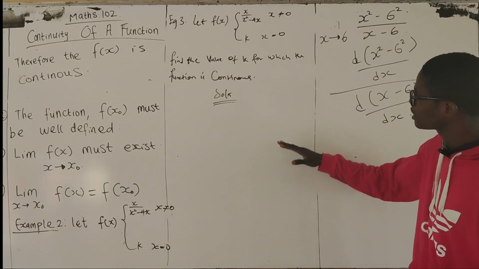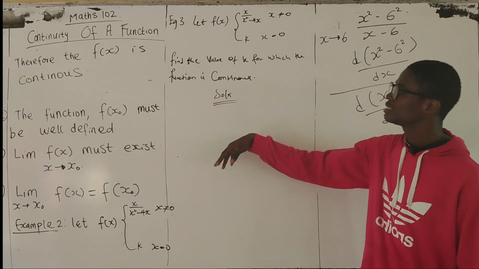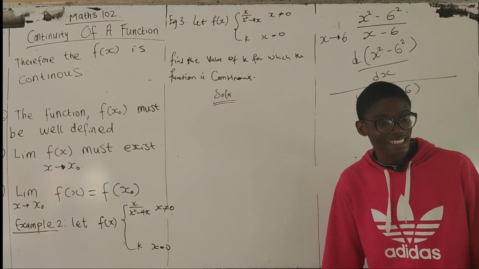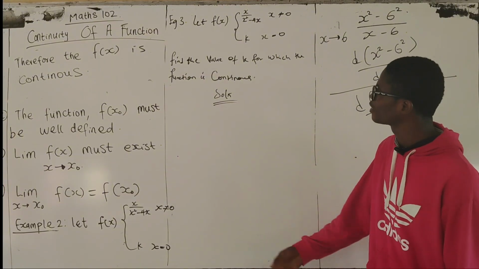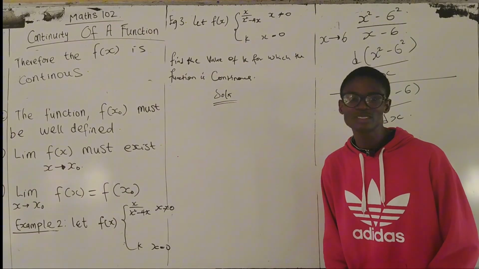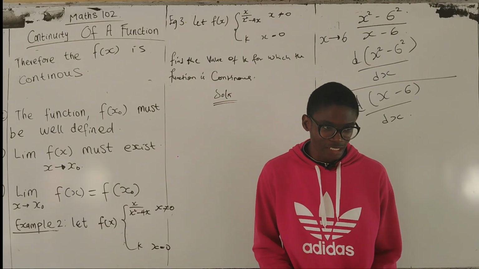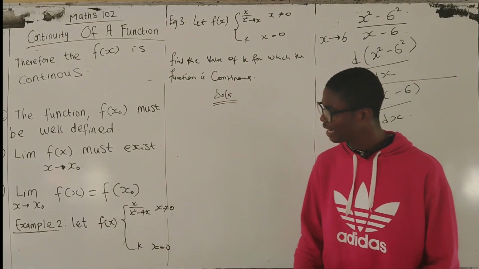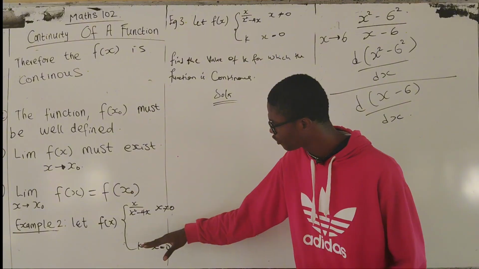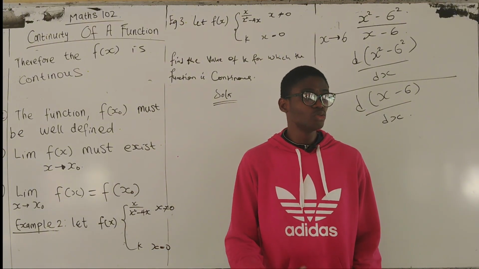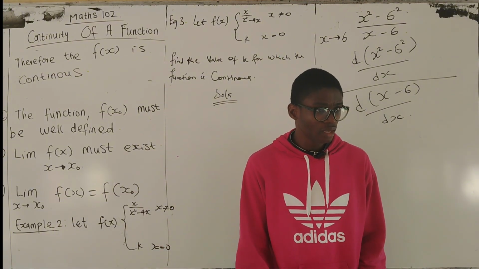Some of you are saying that the function is continuous at x equals 1 over 2. That's not what they said. There is a way they can twist questions sometimes. The initial one, they said we should find whether the function is continuous, is it not?